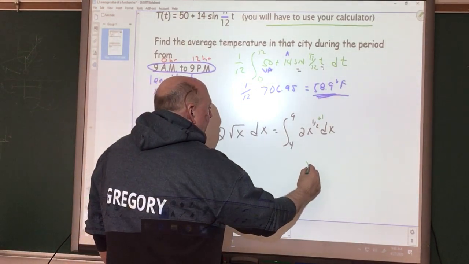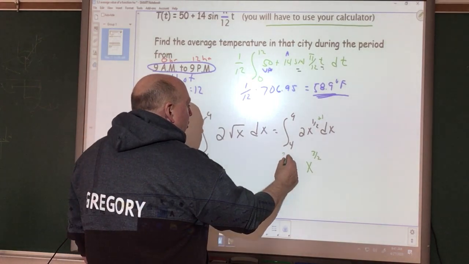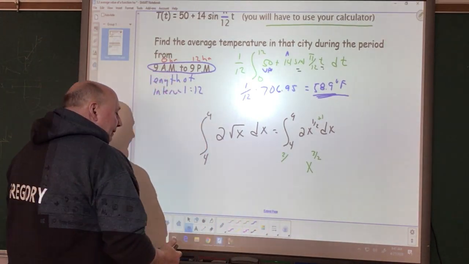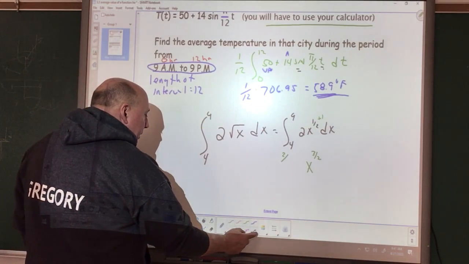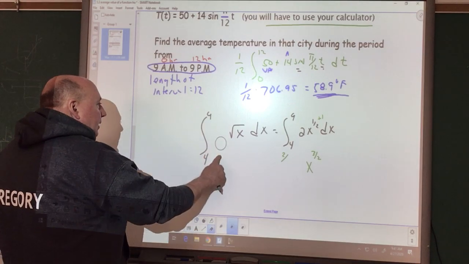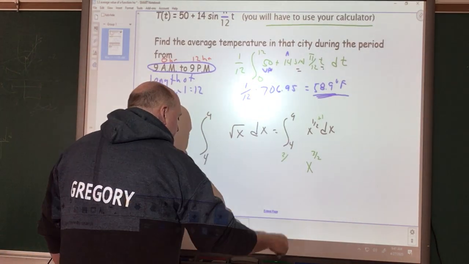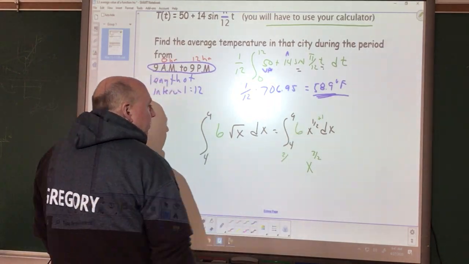So we have x to the 3/2 power, and take our 2, and what I'm going to do is make this 6 instead. I'm going to make that 6. Sorry about that.